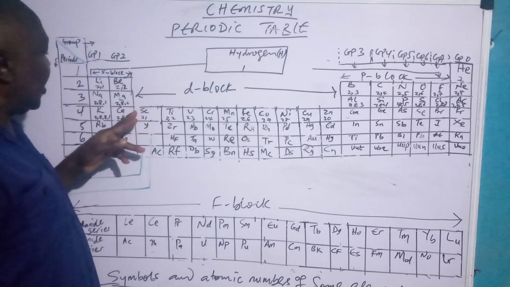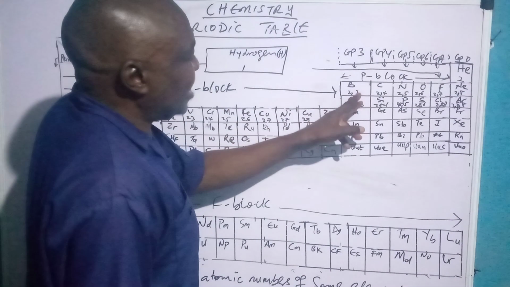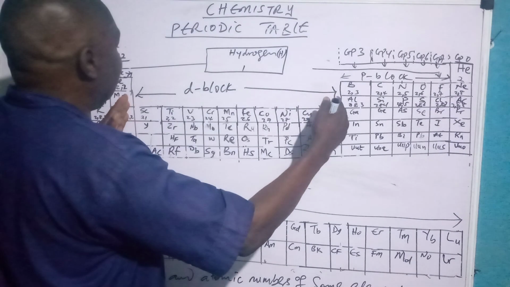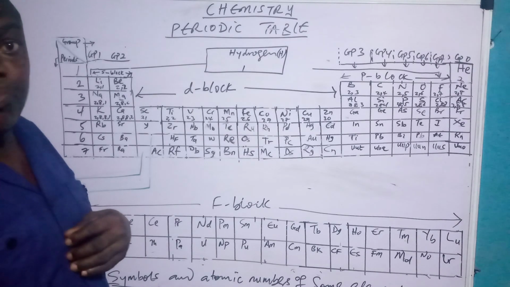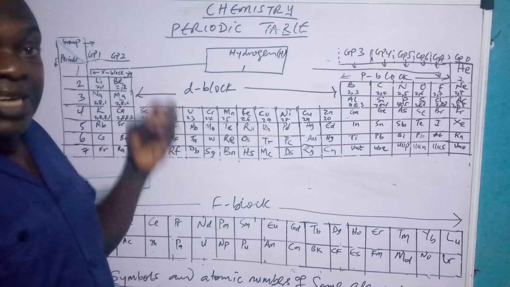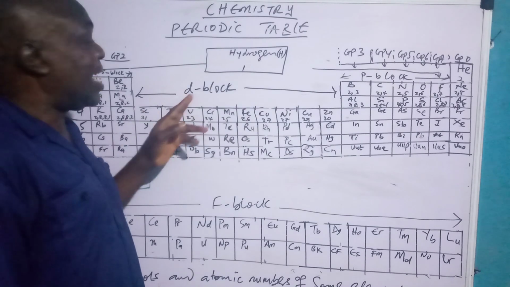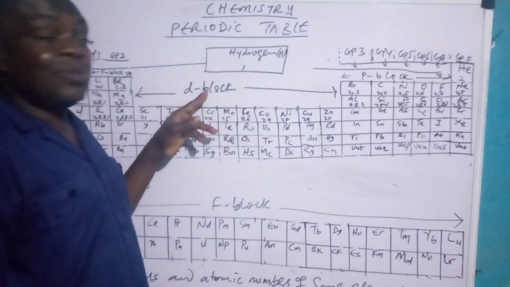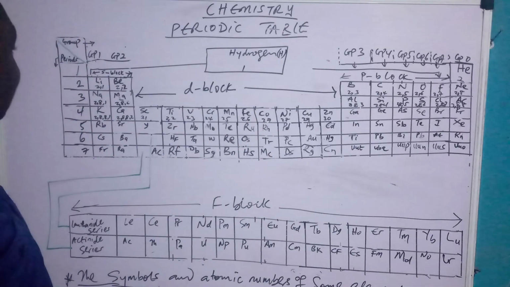From here, you can see this is group 2 and this is group 3, because you have 3 electrons in the outermost shell. In between group 2 and 3, you have a special group of elements known as the transition elements or transition metals, because all of them are metals. The chemistry behind it you'll be taught in a later class. Their valence electron is found in the d orbital, so they correspond to the d block elements.